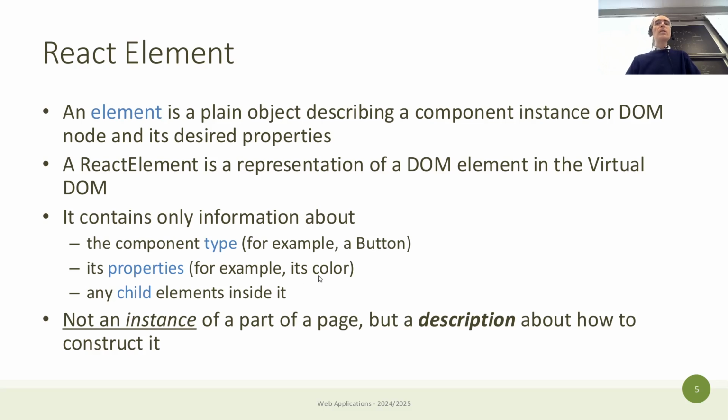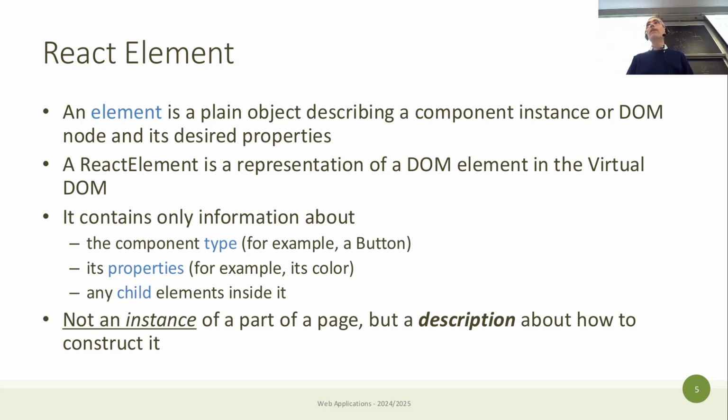The properties, that means basically the attributes, and any child inside the element. You know that elements can be nested. So there are references to the children of the element. Okay? Remember, this is not an instance, but a description on how to construct the actual element in the DOM.